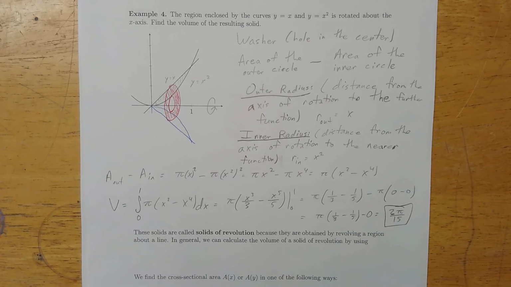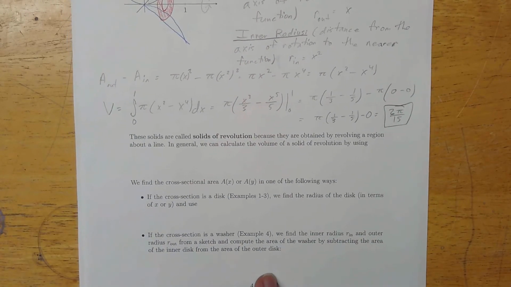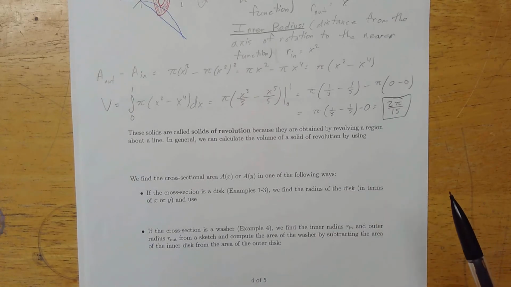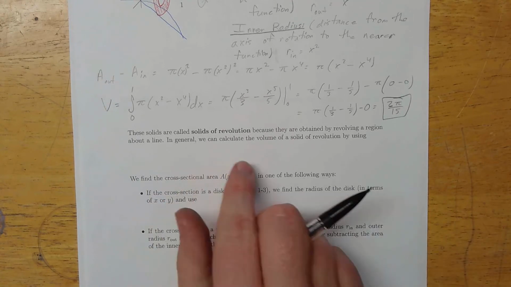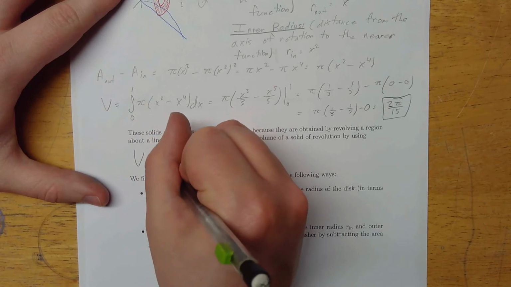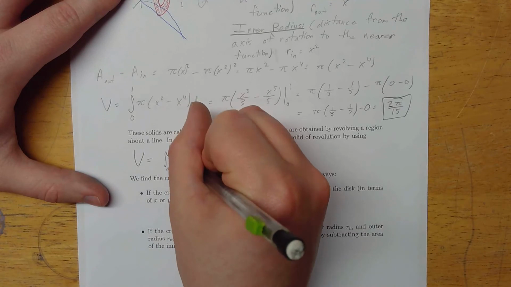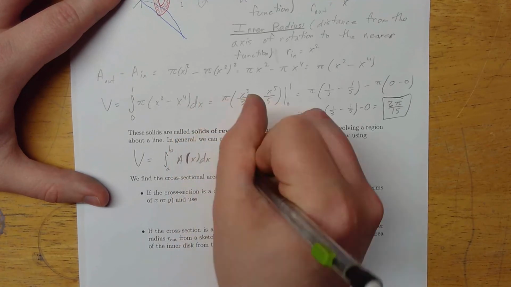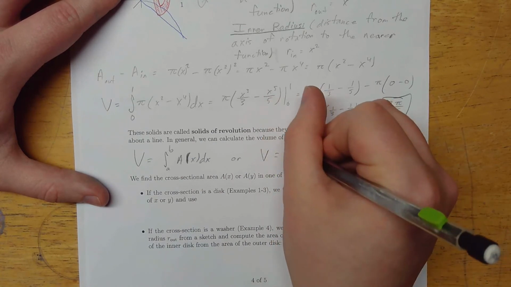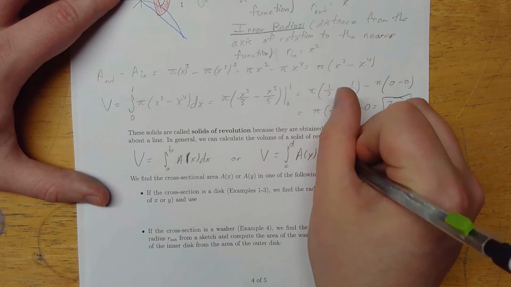Now these solids that we've looked at so far are all called solids of revolution, because what we're doing is obtaining them by revolving some region about a line. In general, to calculate the volume of a solid of revolution, we can find the volume by either taking the integral from a to b of A of x dx, or by taking the integral from some different values c to d of A of y dy.